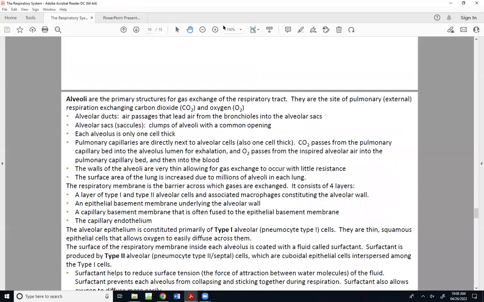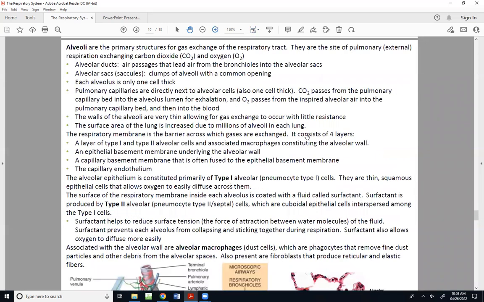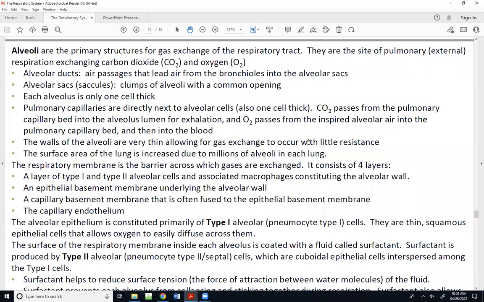All right, alveoli, once again, are the primary structure of gas exchange in the respiratory tract, where they go through what's called pulmonary external respiration.